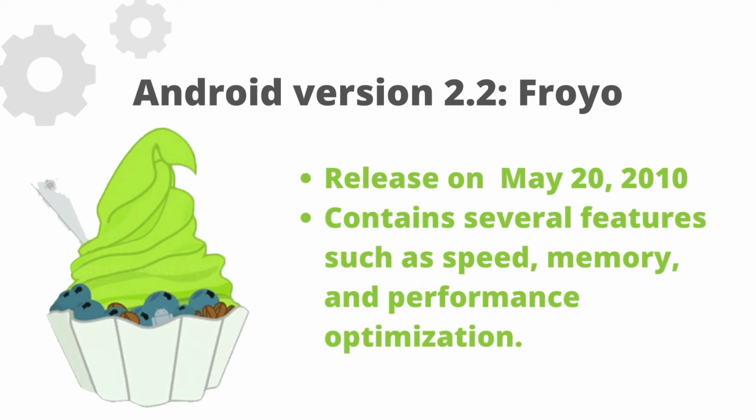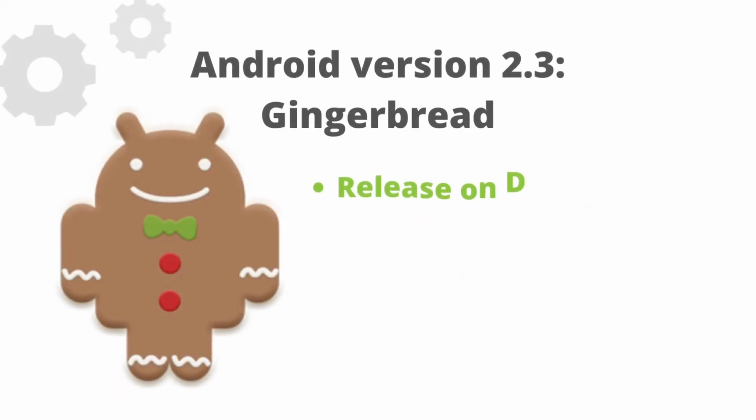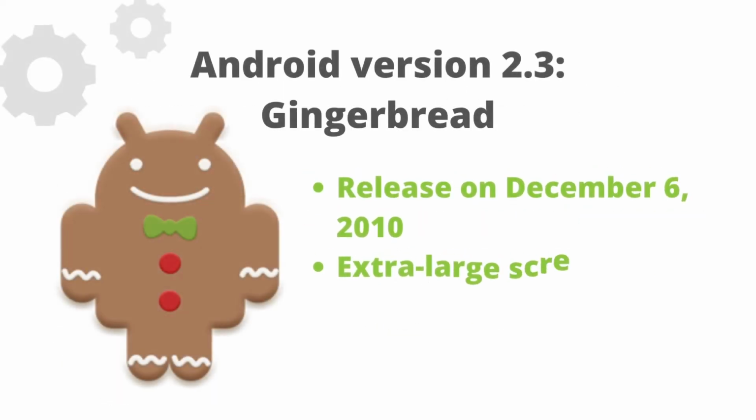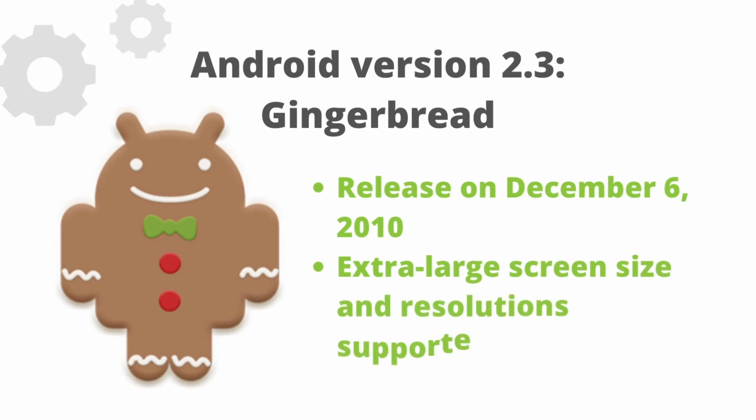It contains several features such as speed, memory, and performance optimization. Android's first true visual identity started coming into focus with the 2010 Gingerbread release. It was released on December 6, 2010 with extra large screen sizes and resolutions supported.